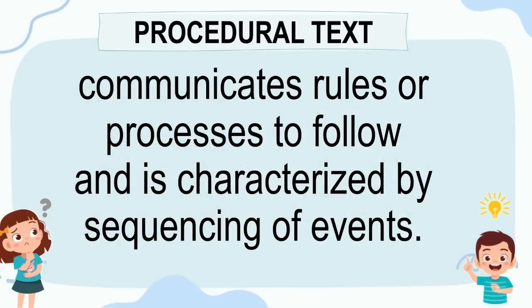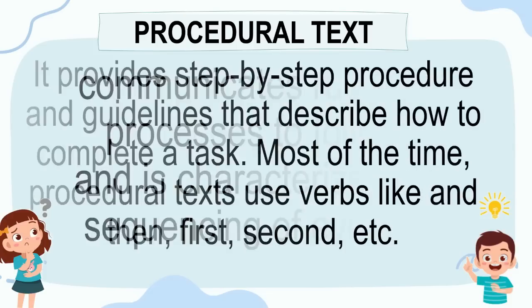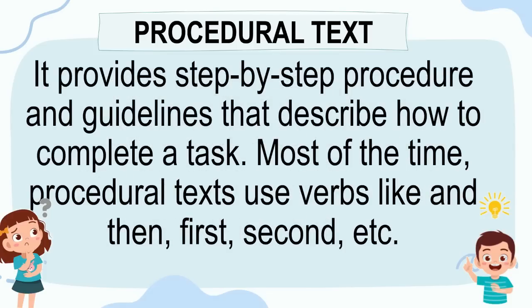Those types of text are examples of procedural text. It communicates rules or processes to follow and is characterized by sequencing of events. It provides a step-by-step procedure and guidelines that describe how to complete a task.